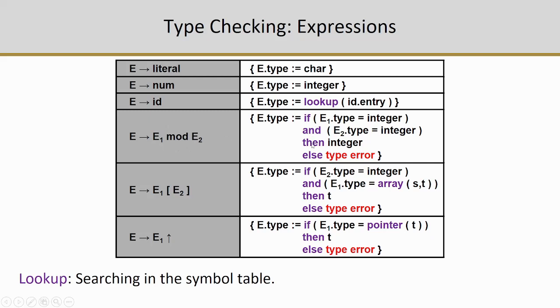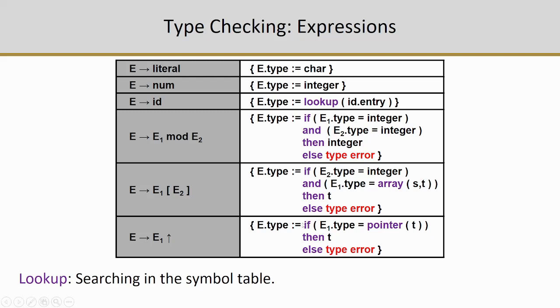If it is true, the result will be an integer as well. If it is not true, we get a type error. Type error is a special type value which expresses that the expression includes a type error somewhere.